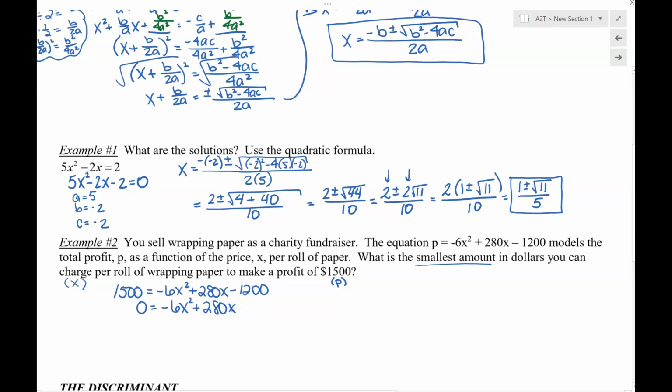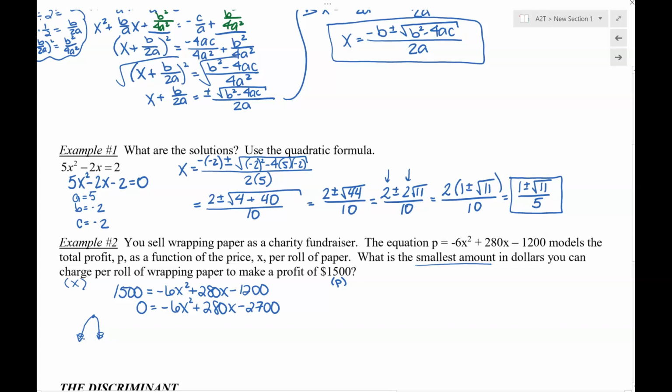So I'm going to subtract 1,500 to both sides. We end up with negative 2,700. Okay, well, we're looking for the smallest amount in dollars. Since this opens down, it's not our maximum. We're definitely looking for our smallest amounts. So let's solve and see what x equals.